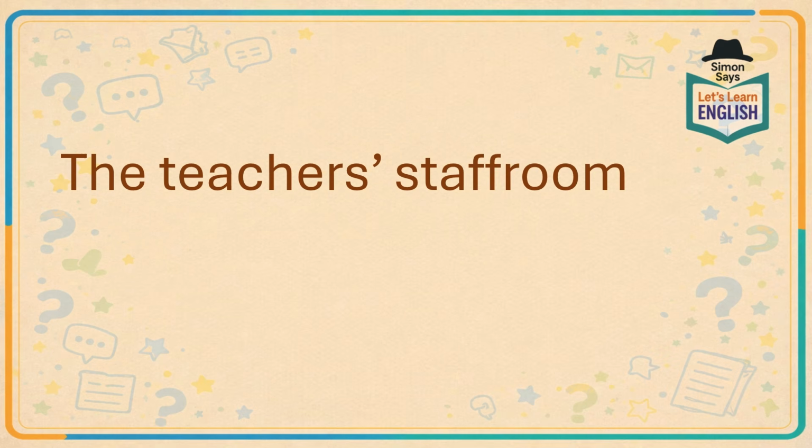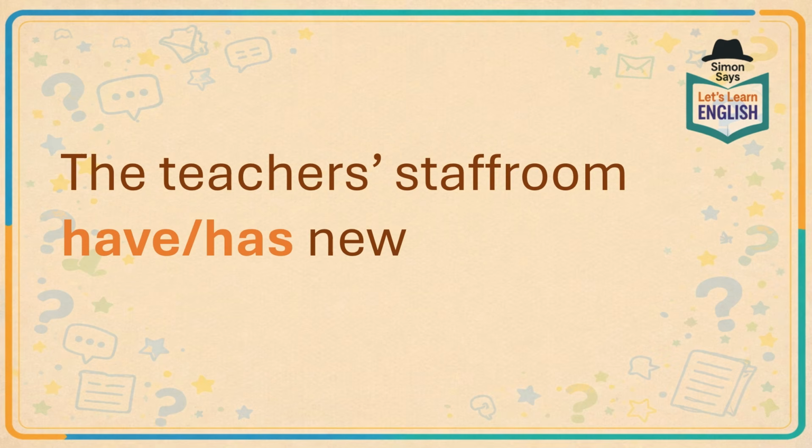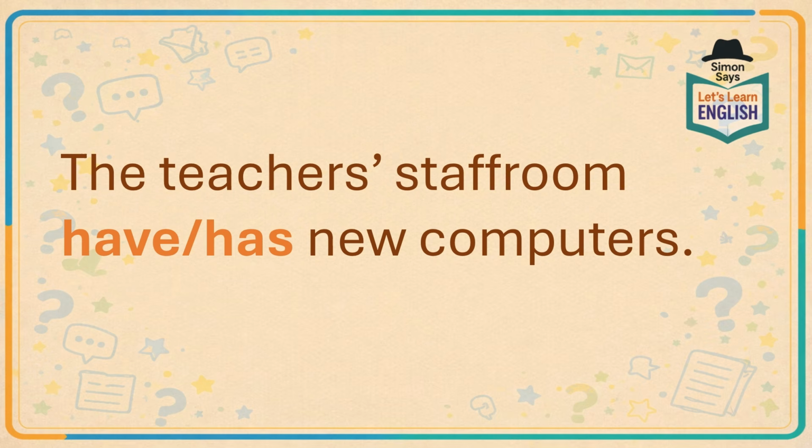The teacher's staff room have or has new computers. So what would you choose? Would you choose have or would you choose has? We first have to look at the beginning of the sentence. What is the sentence talking about? Well, it's talking about the staff room.